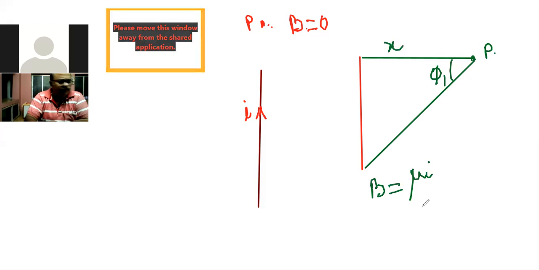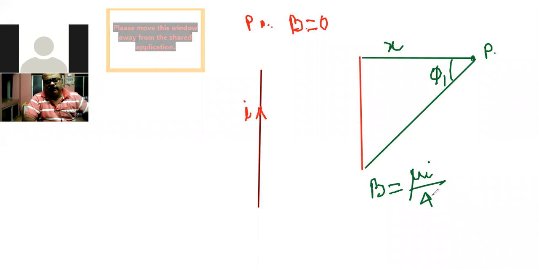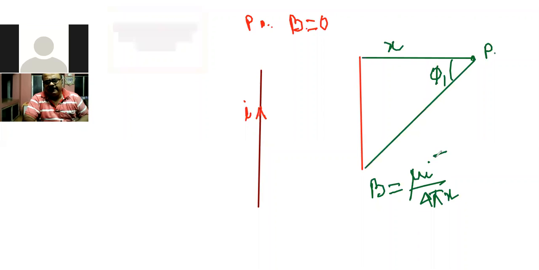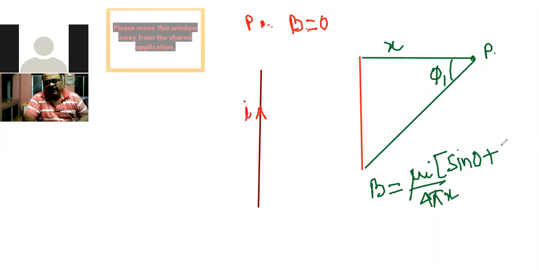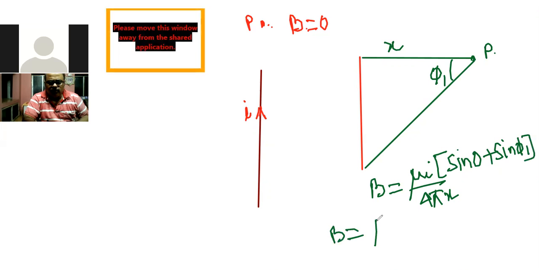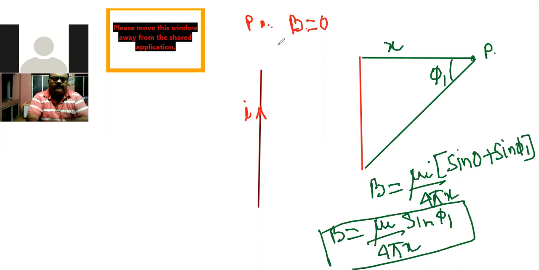This distance is suppose x, so the magnetic field B will be mu I by 4 pi x bracket sine 0 plus sine phi 1. So ultimately the magnetic field will be mu I by 4 pi x sine of phi 1.